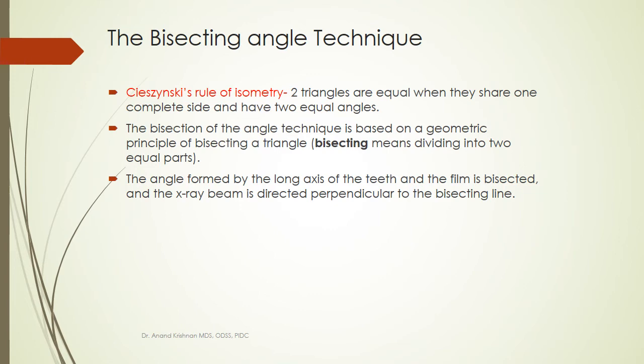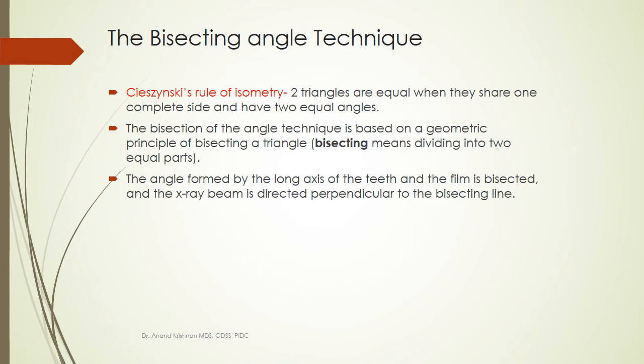And sometimes it is very difficult to use this device, especially in patients who have a very shallow maxillary arch, and patients who have smaller dental arches, because this device is constructed on a general consensus based on the IOPA film. Now the IOPA film by itself is very flexible, but the device which supports the IOPA inside the patient's mouth, the ring device, is not that flexible.